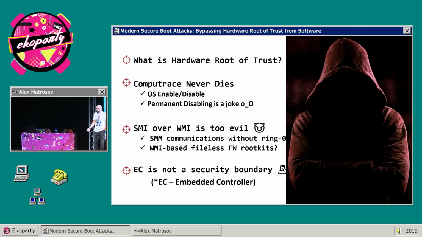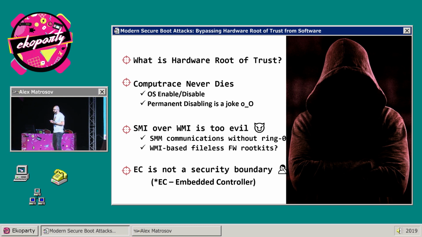In this talk, we will be talking about what a hardware root of trust is, and we will also touch on some architectural mistakes. Not architectural mistakes, but in the reference implementation, Intel provides a lot of freedom to OEMs, who make mistakes in their implementations. Also, we will talk about the Computrace implementation in Lenovo laptops, in today's laptops.